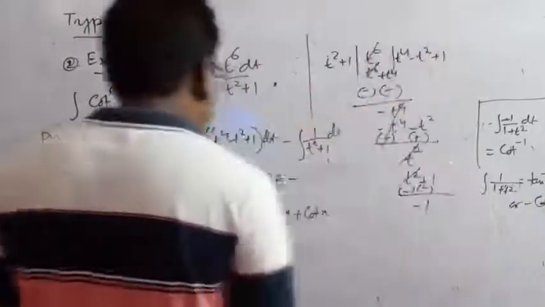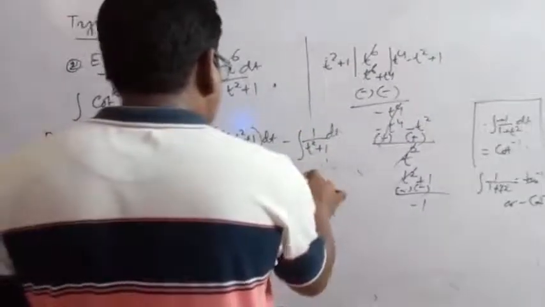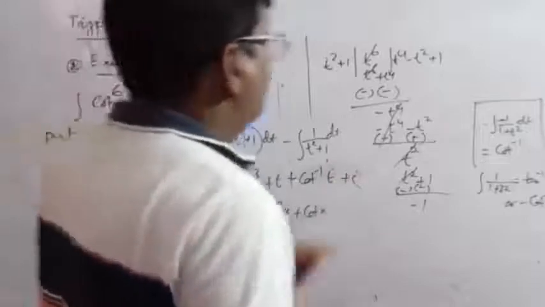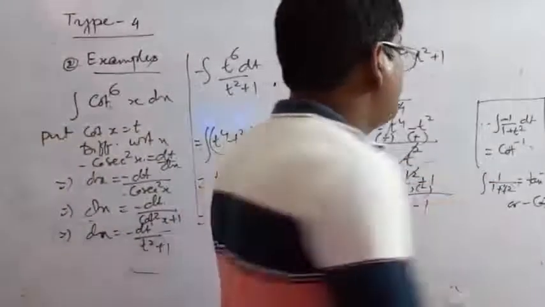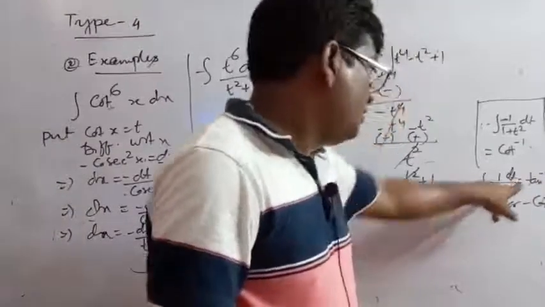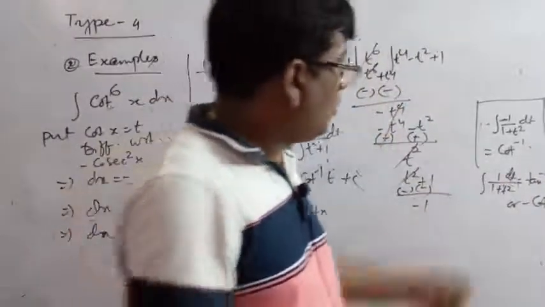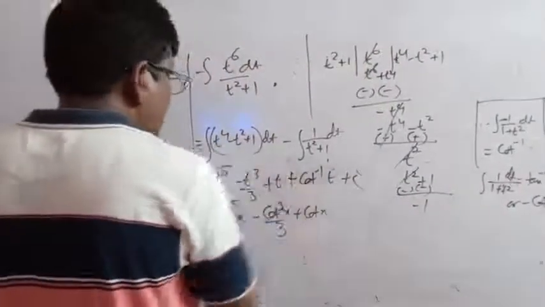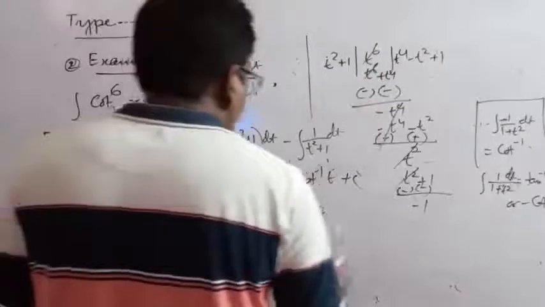So this is equal to plus cot inverse t plus c. Okay, we can write dt by 1 plus t square is equal to tan inverse t or minus cot inverse t. Since it is in terms of cot, use the cot formula. Cot inverse of cot x, plus c.